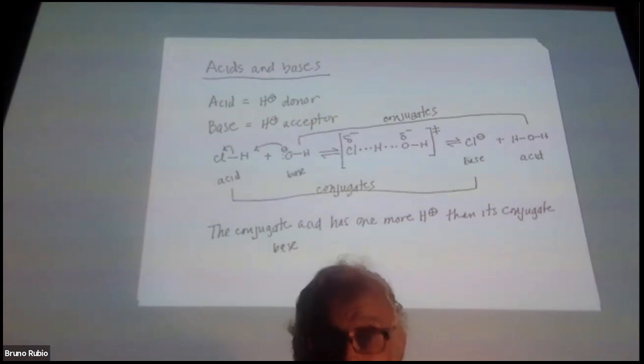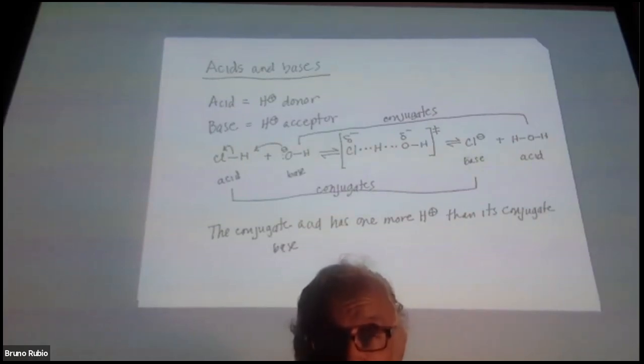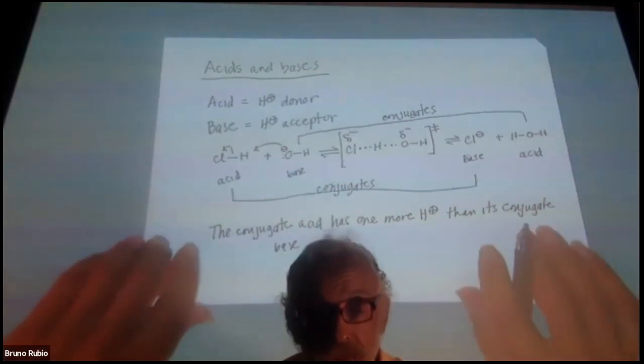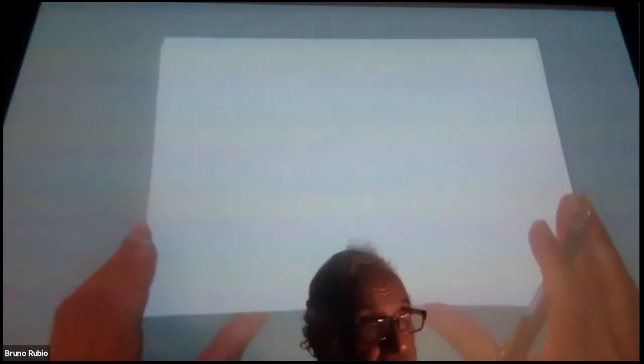And how are they related? Well, HCl, the conjugate acid, has an additional proton, an additional H plus. So water is the conjugate acid of OH minus. How do they differ? Water, the conjugate acid, has one more H plus than its conjugate base, which is OH minus. Okay, so those are just some fundamental definitions of acids and bases.